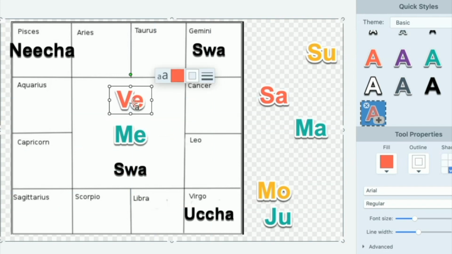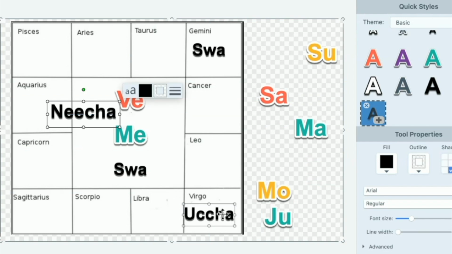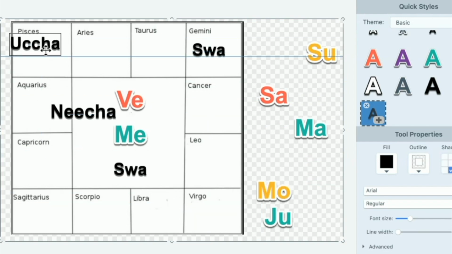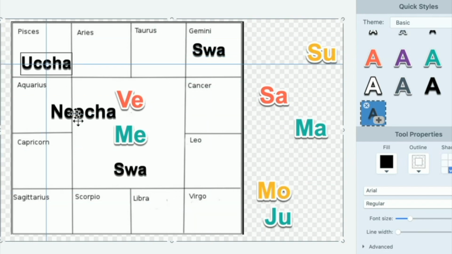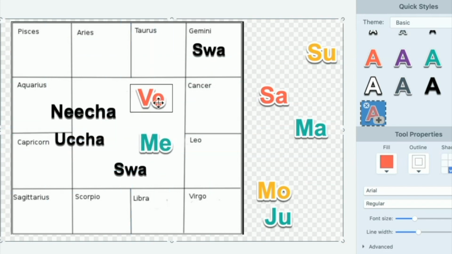So if you can remember that Venus and Mercury are opposite each other with their exalted and debilitating signs, then you'll never forget where Venus is exalted and where Mercury is exalted. So where Venus is exalted in Pisces, Mercury is debilitated. And where Mercury is exalted in Virgo, Venus is debilitated.